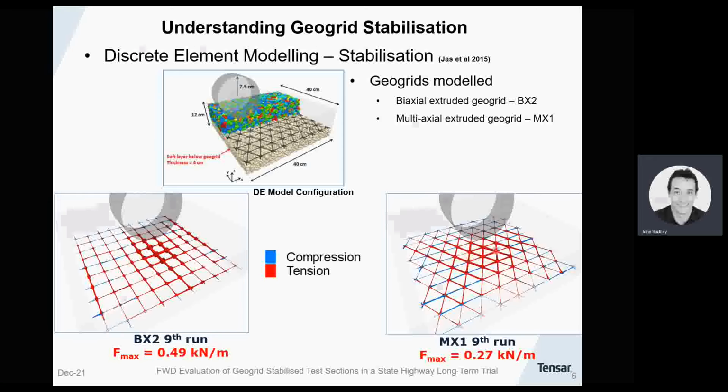And it's also being supported by compression in blue, which surrounds those concentric circles. So there's a much more efficient load spread onto the subgrade with a multi-axial geogrid. You can see that visually. And the tensile loads in this geogrid are about half of those in the biaxial geogrid.